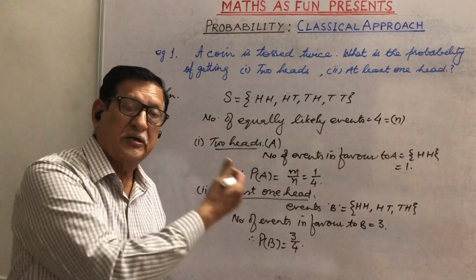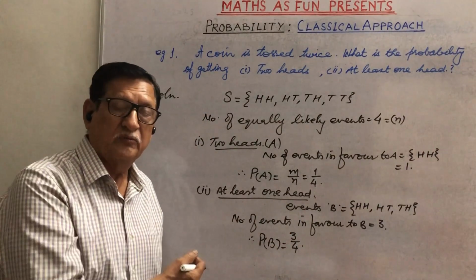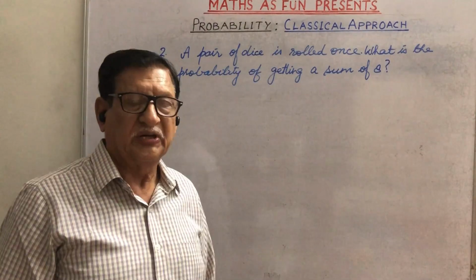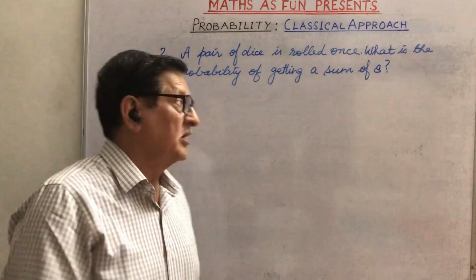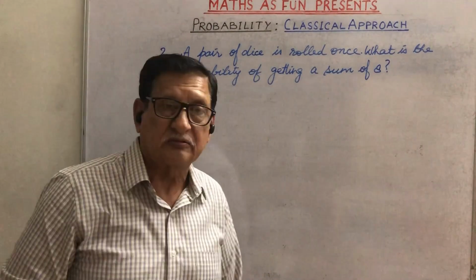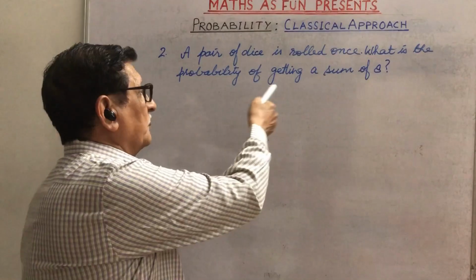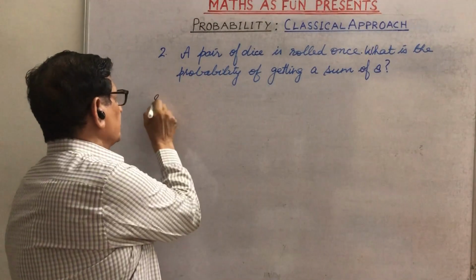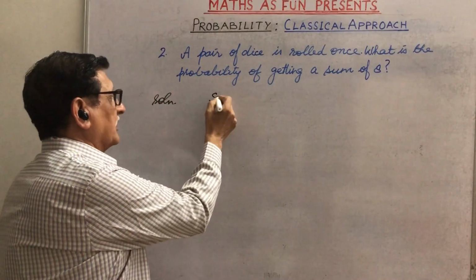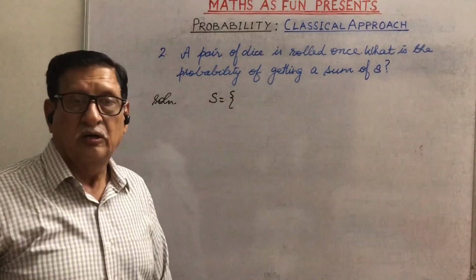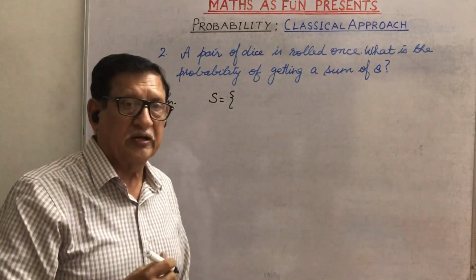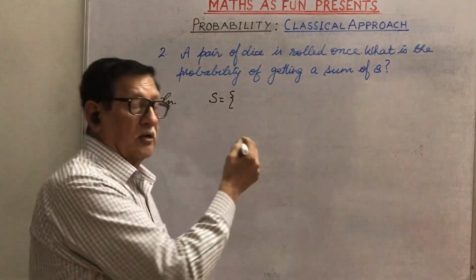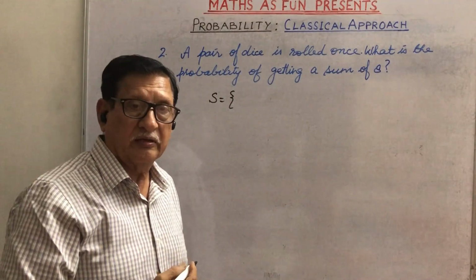This is the way we can make use of the classical formula of probability and find the solution of such problems. The next example we discuss here is: a pair of dice is rolled once. What is the probability of getting a sum of 8? For the solution of this, first of all, we will write the sample space on rolling a pair of dice. A pair of dice means there will be 2 numbers always, 1 on each die.